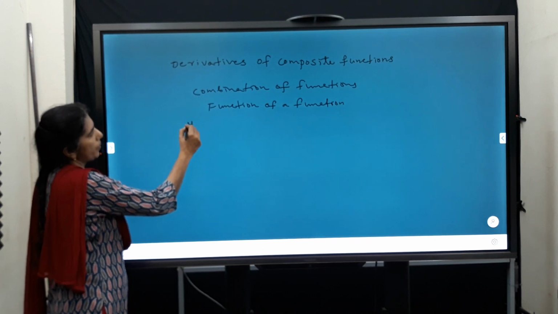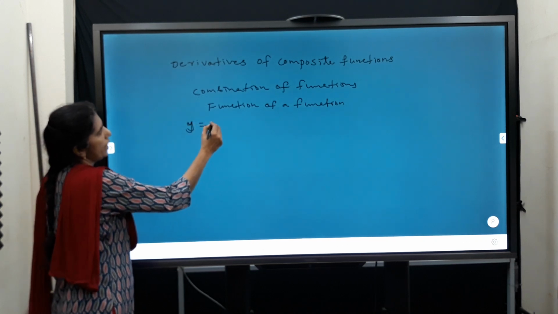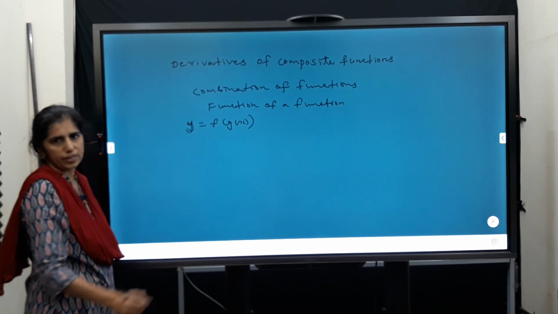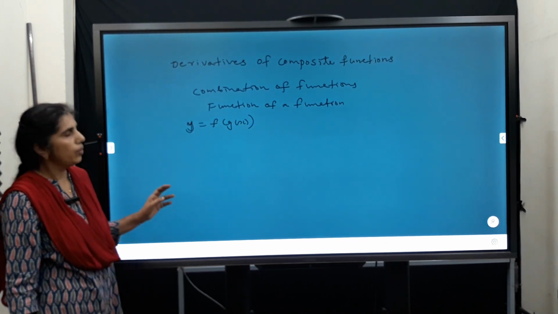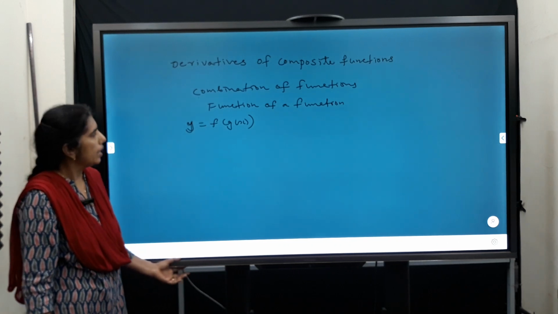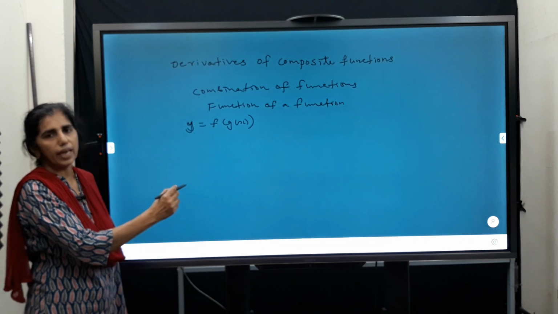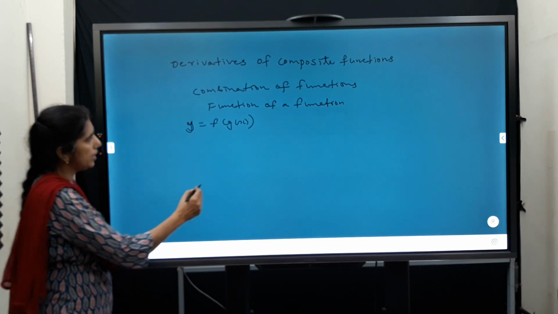Composite functions, you can write it in the form, say y is equal to f of g of x. Now, how do we differentiate such a composite function? There are two functions involved here, f and g.